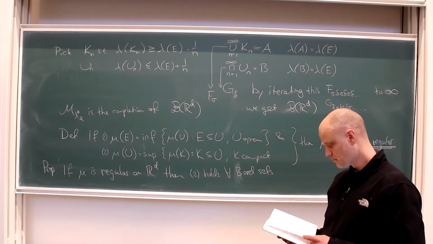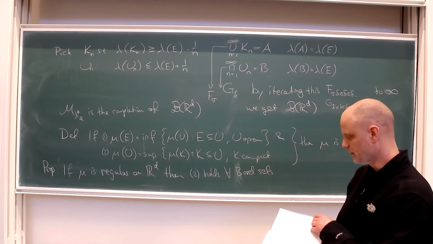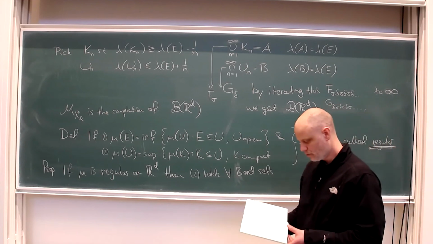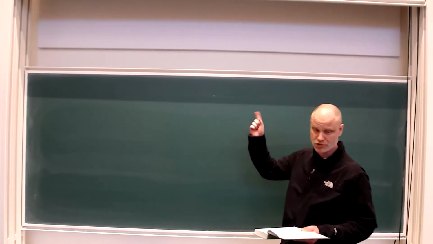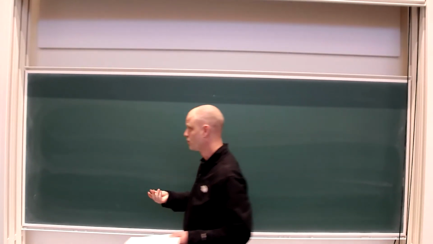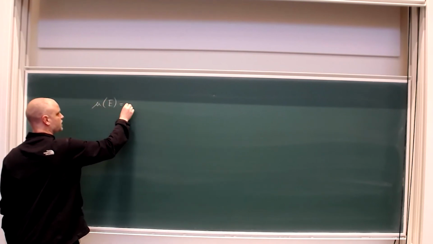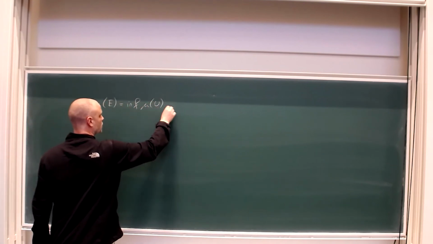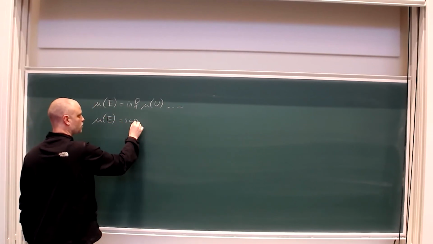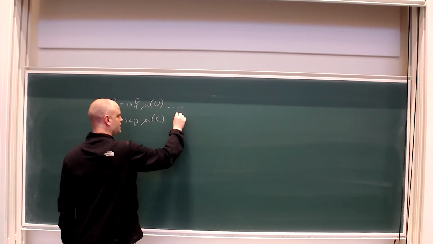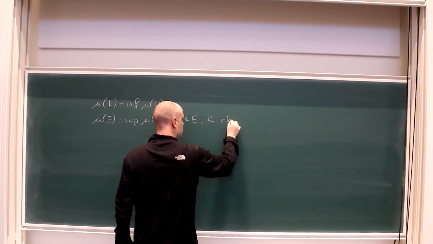Right, and the proof of 156 is no surprise. Despite having the fancy definition, we're going to check that 1 and 2 hold. What we're going to prove is that mu of E is equal to the infimum of mu of U, for open U containing E, and that mu of E for any Borel set is equal to the supremum of mu of K, where K is less than or equal to E, and K closed.